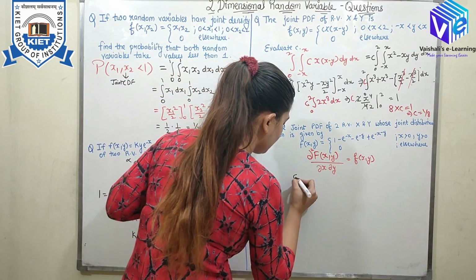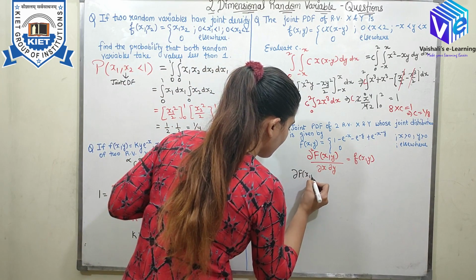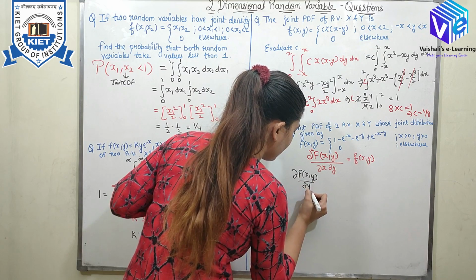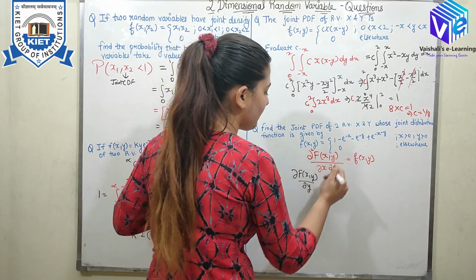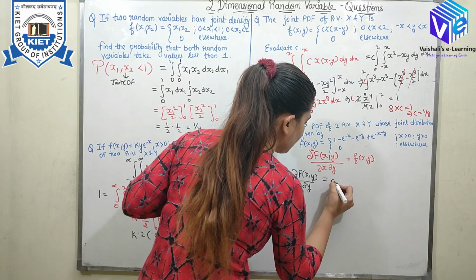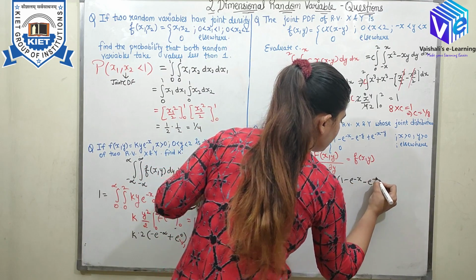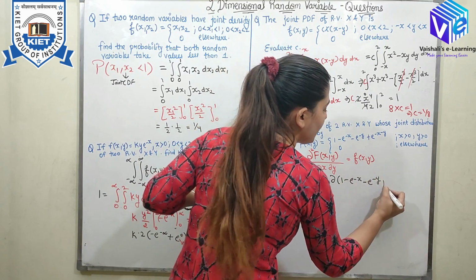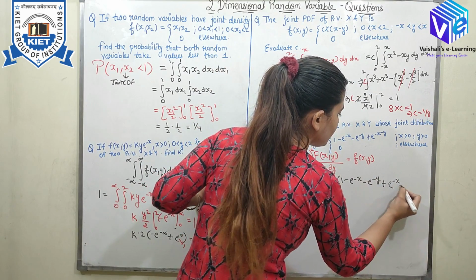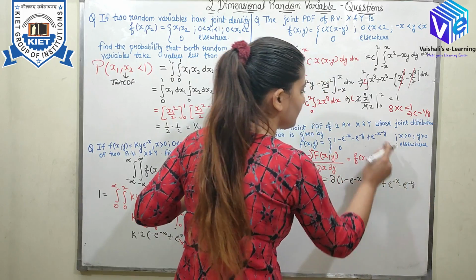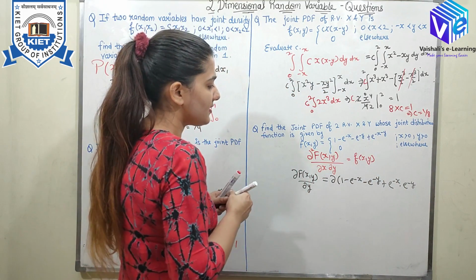First I'll find del F(x,y) with respect to del y. F(x,y) was this, 1 minus e raised to power minus x minus e raised to power minus y, plus e raised to power minus x into e raised to power minus y, which I can write as e raised to power minus x minus y.